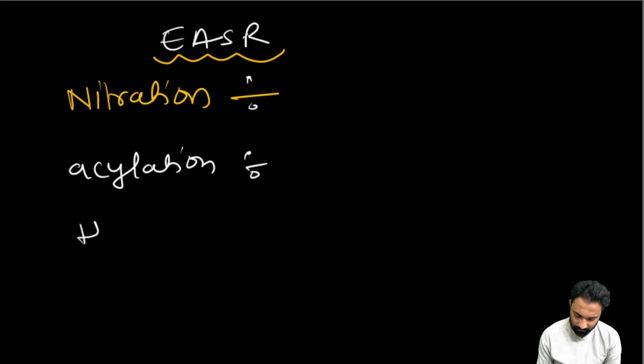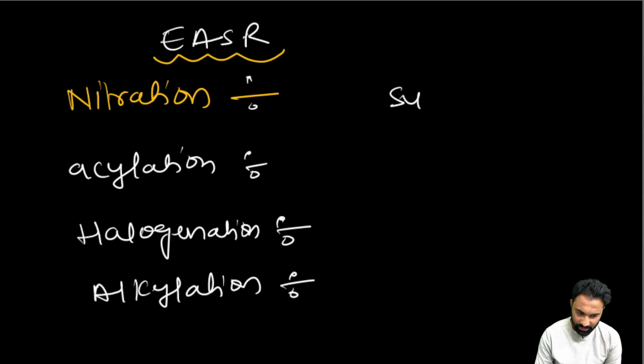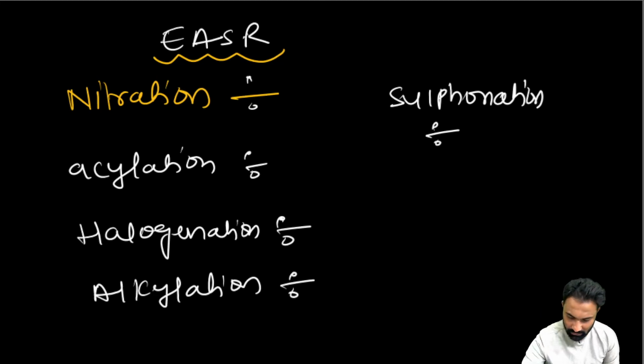Next, halogenation. Next, alkylation. Then sulfonation. What is the electrophile?